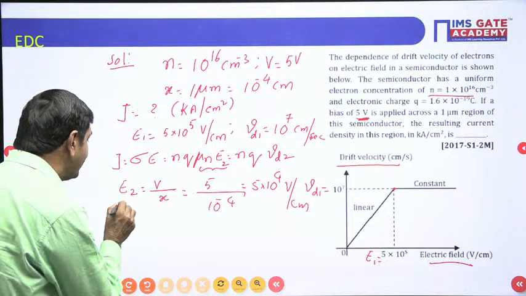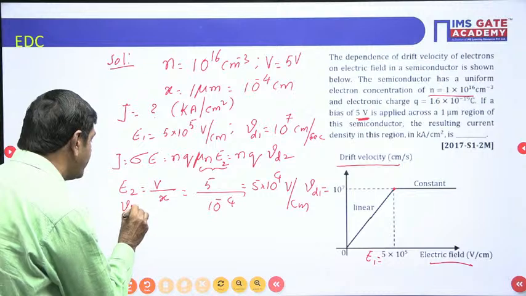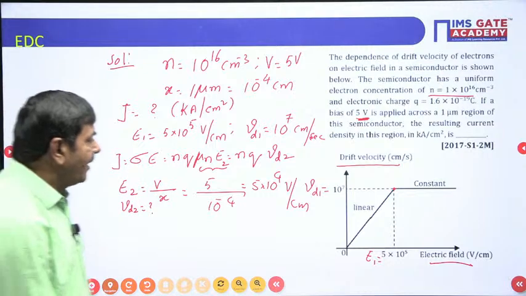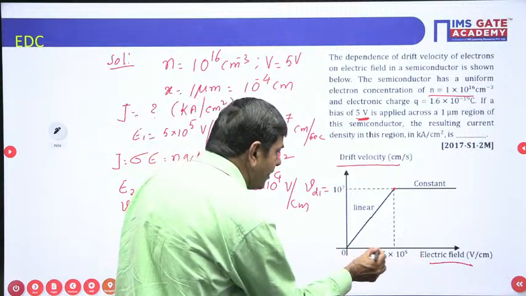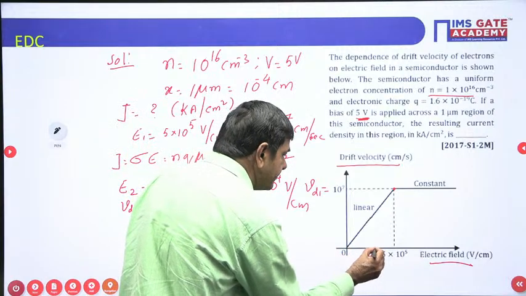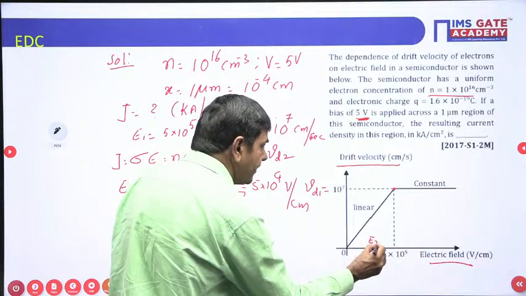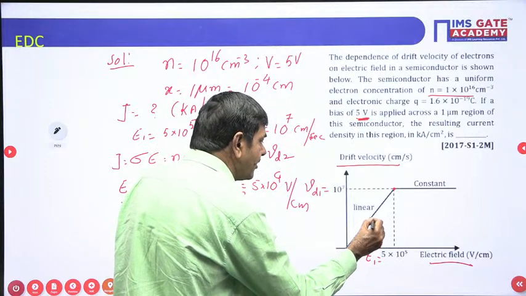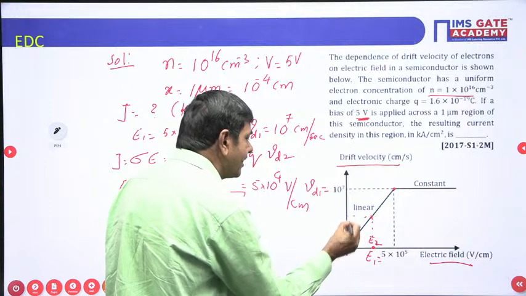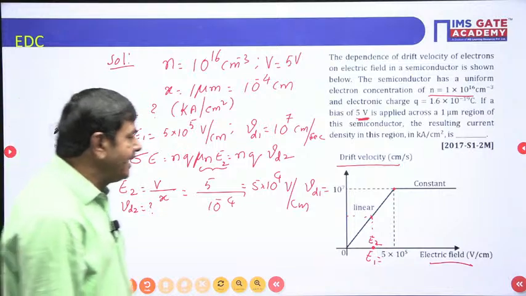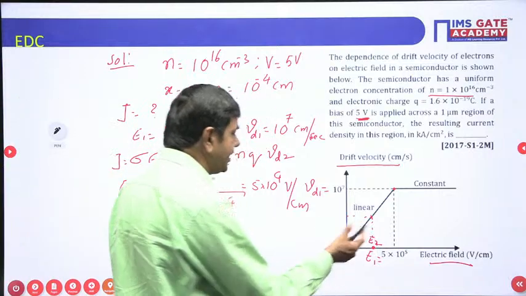At this electric field intensity, what is VD2 equal to? But 5 into 10 power 4 means it comes below E1. E2 will be below E1 only. The corresponding value will come below, on this linear curve only. When it is linear, I can write one relation.